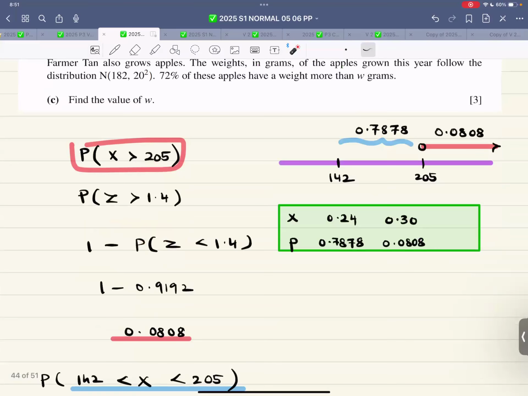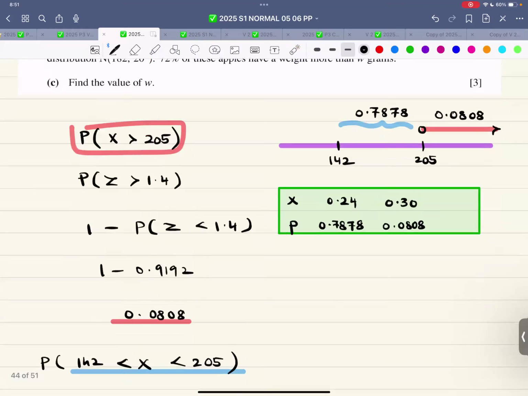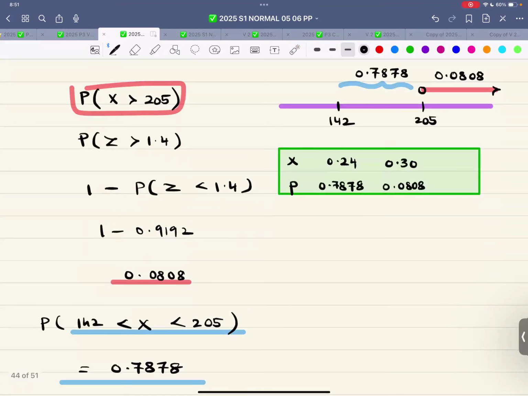So now his cost price is this much. So therefore, this is 0.24 into this value, 0.7878. And even before that, let me do one thing. That is this percentage of 20,000.